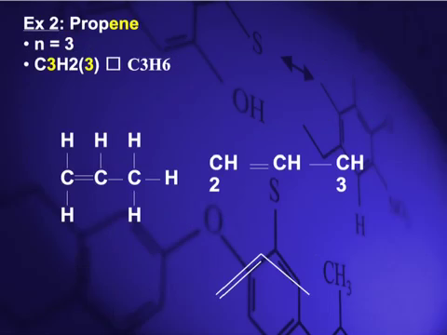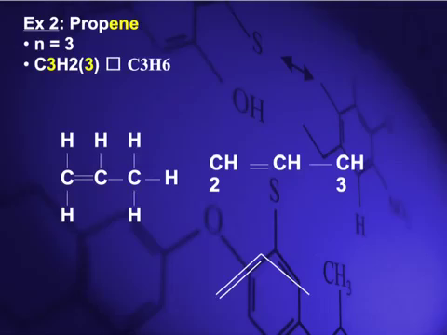A slightly more complex example is propene. Prop- is the prefix for 3 carbons. Therefore, if we put it into our general formula CnH2n, the formula for propene is C3H6. The structural formula has 3 carbon atoms, and there is a double bond between 2 carbon atoms.